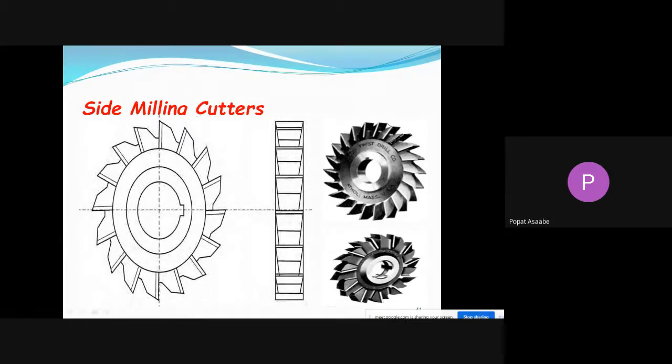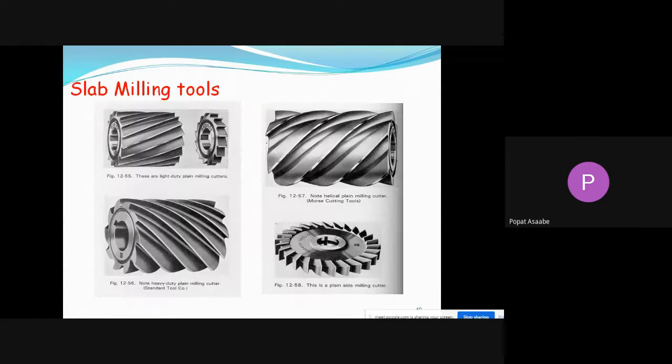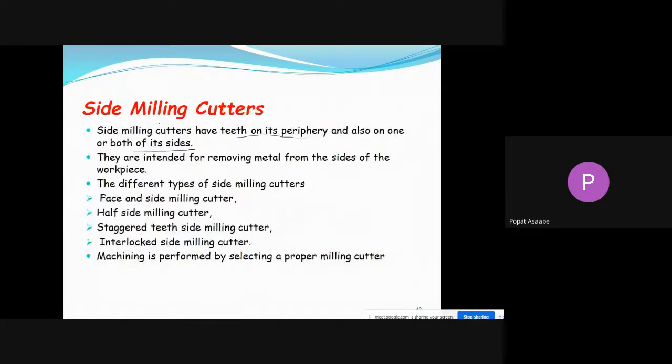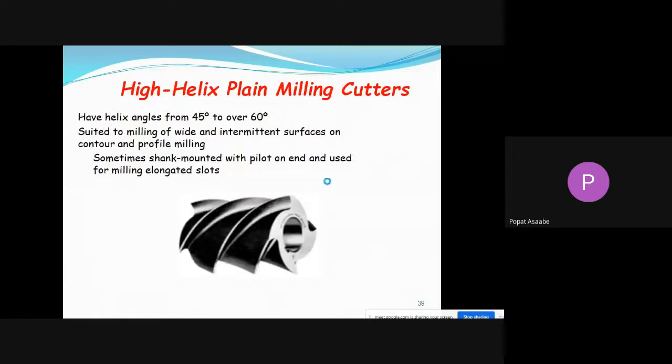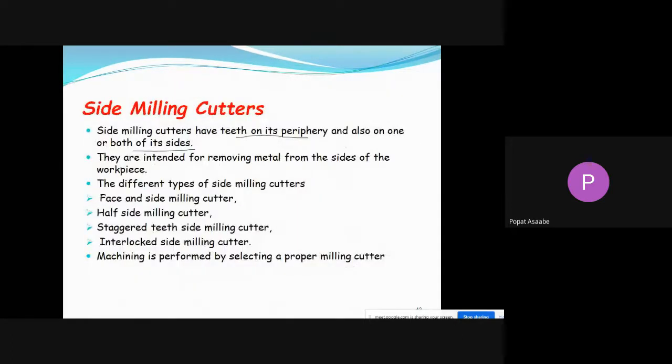You have to remember, on the side milling cutter we are providing the teeth on its periphery. See, this is the periphery. These teeth are called the periphery teeth, and teeth are also provided on both sides.